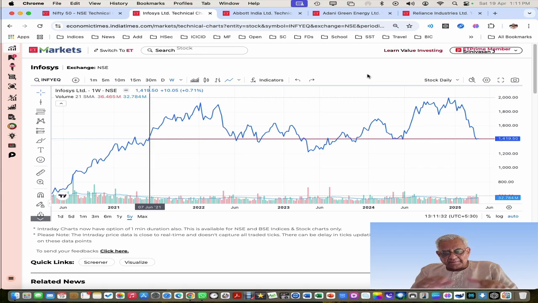The price remains the same. Now your portfolio may have grown a bit, but the stock appreciation has not.